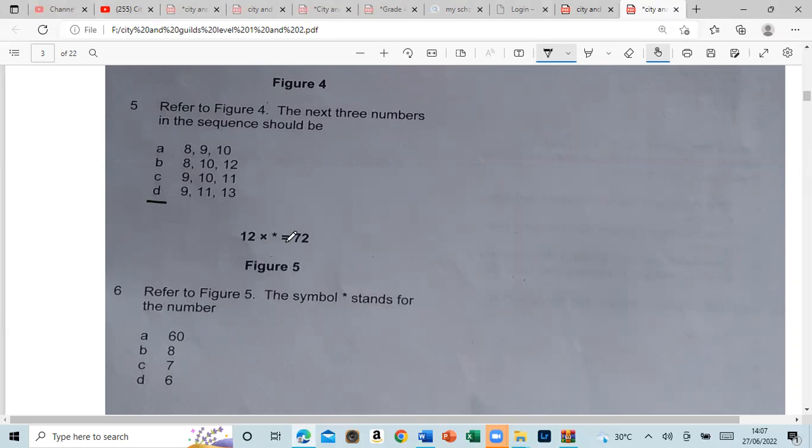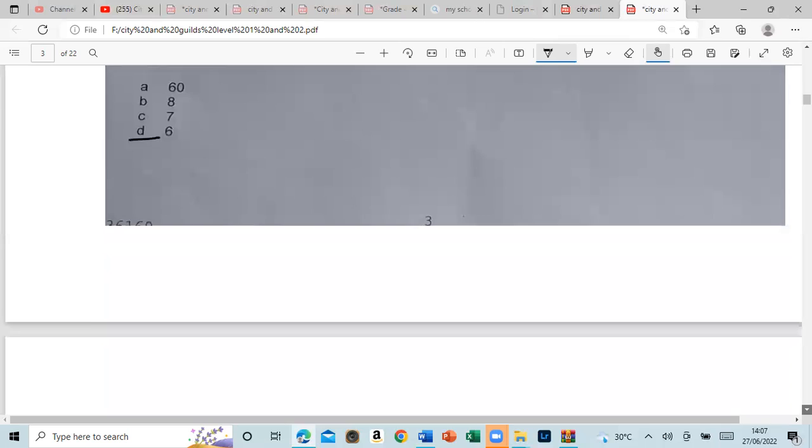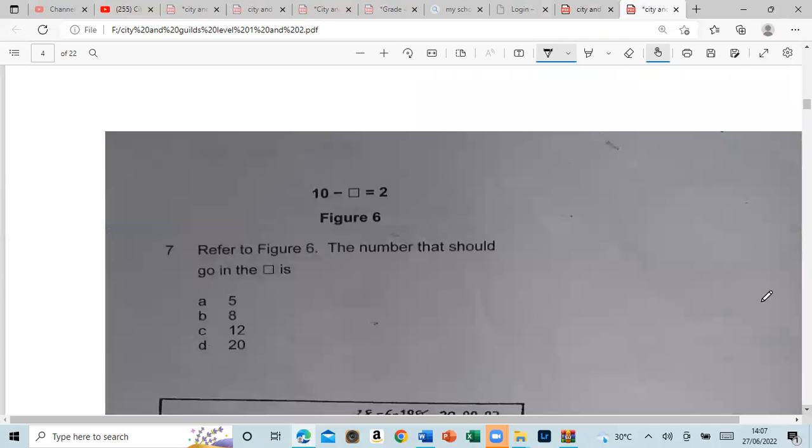Okay, so what number times 12 is 72? And that would be 6. 10 minus that is equal to 6, and that would be 8. 10 minus 8 gives us 2.